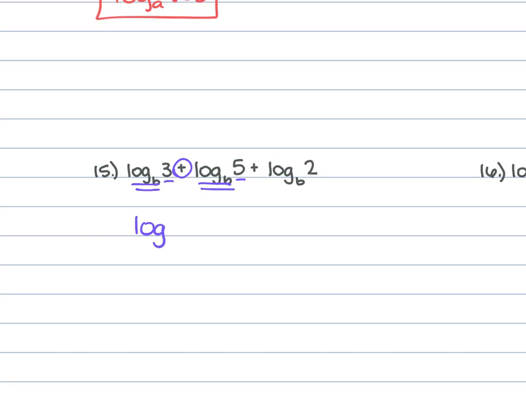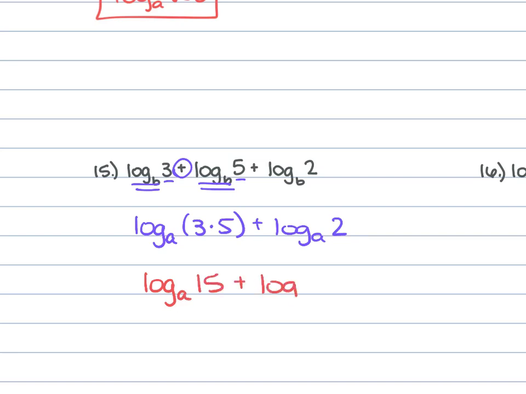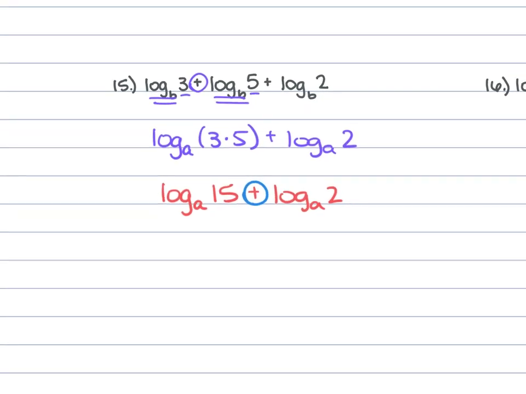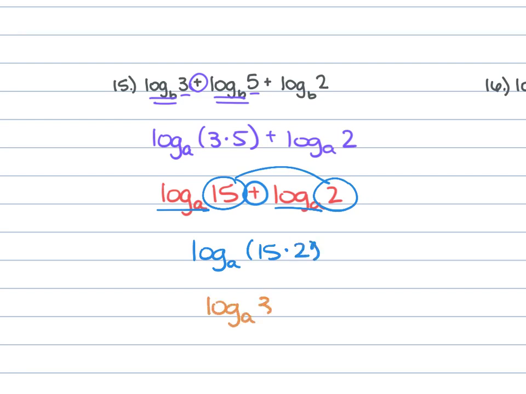So log a of 3 times 5 plus log a of 2. The 3 times 5 is 15, so this is going to give us log a of 15 plus log a of 2. We have addition here once more. Our bases are the same, so multiply the 15 and the 2. So this is going to give us log a of 15 times 2, which is log a of 30.